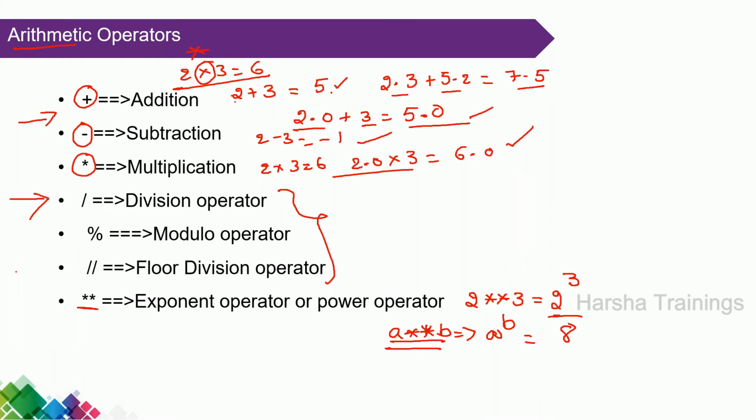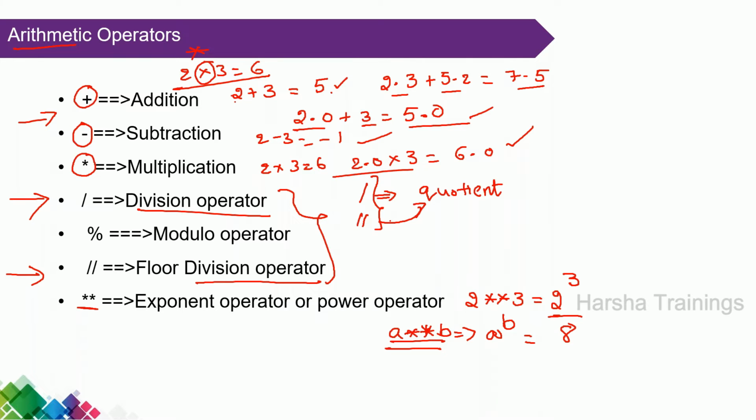Now, coming to these three. First, I will explain these two. Slash is called division operator. Double slash is called floor division operator. Whenever we are performing a division operation between two numbers, the result is quotient, either single slash or double slash, whatever it is.